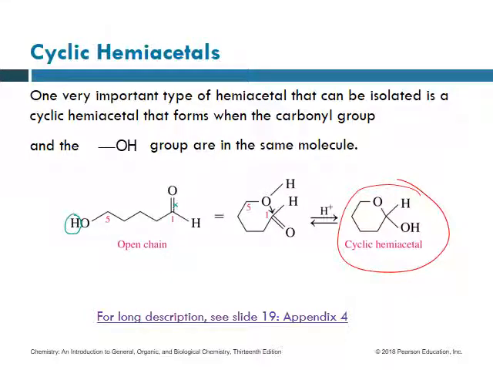So now oxygen has one extra bond to make, and carbon has one extra bond to make. This hydrogen that is here is going to go to this oxygen, and this other oxygen is now going to react with the carbon. So essentially the molecule is bending around itself, and it will form a compound which is a cyclic hemiacetal. This is formed when one compound has both an aldehyde and an alcohol group on itself.